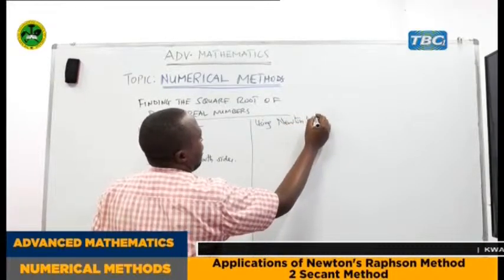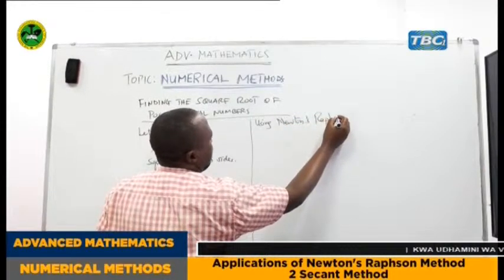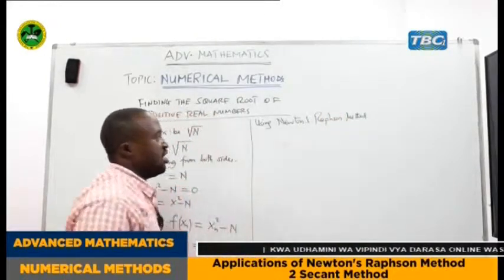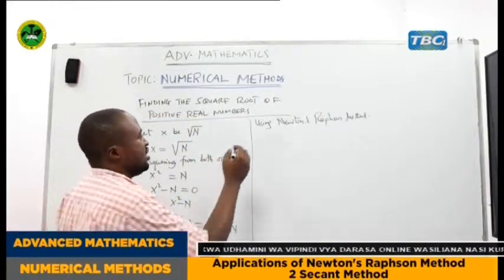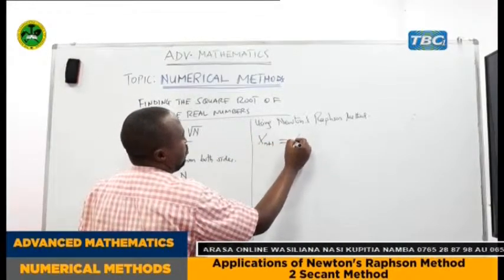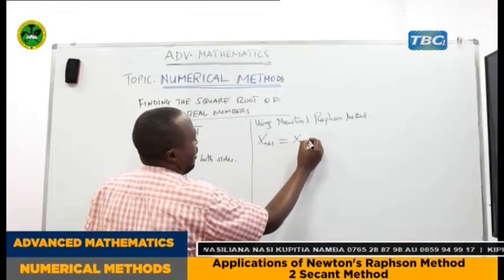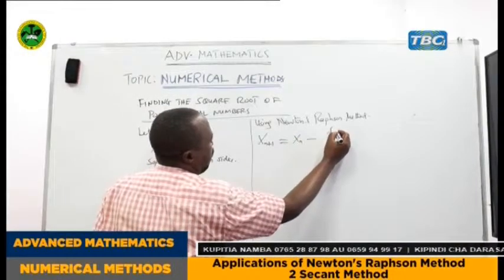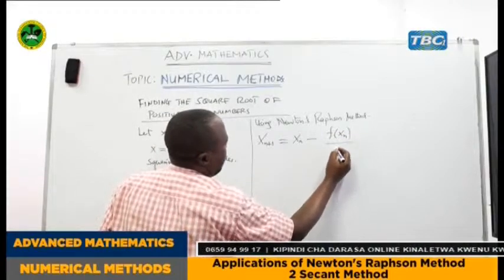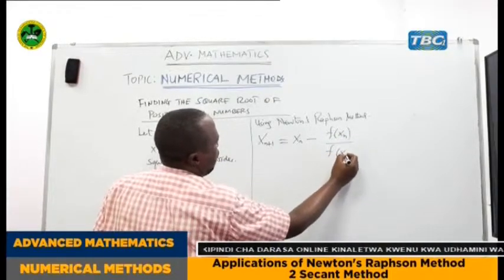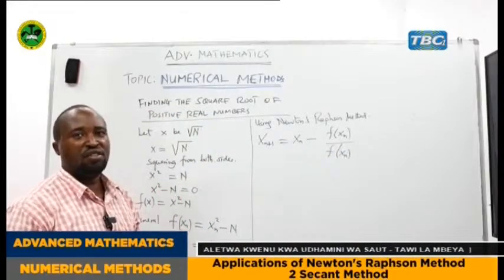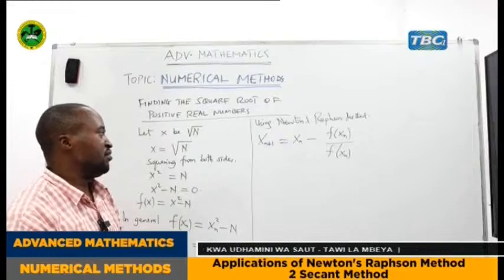Now using Newton-Raphson method. The method states that xn plus 1 is equal to xn minus f of xn over f of xn dash. That is Newton-Raphson method.